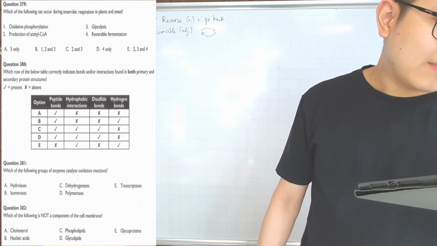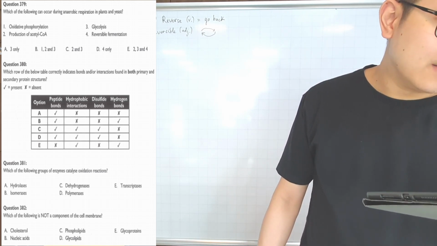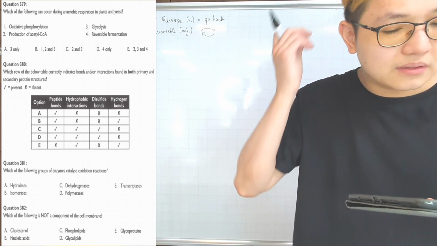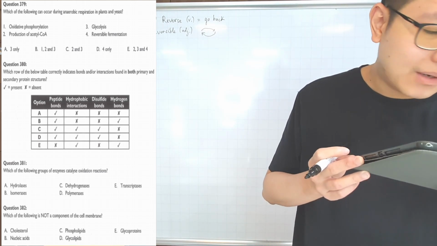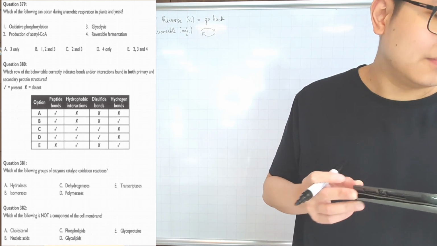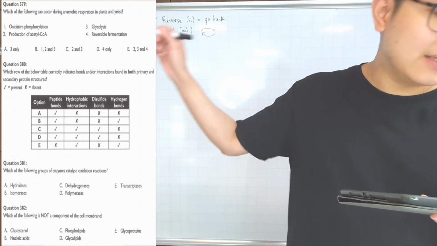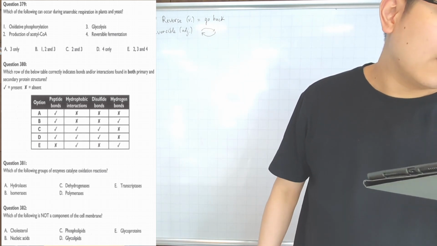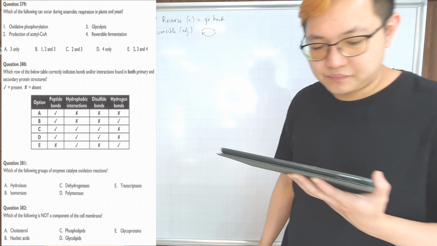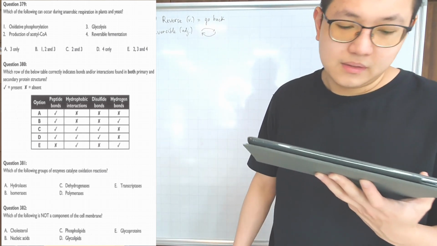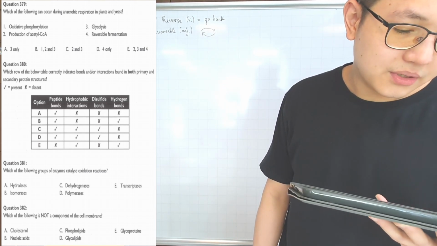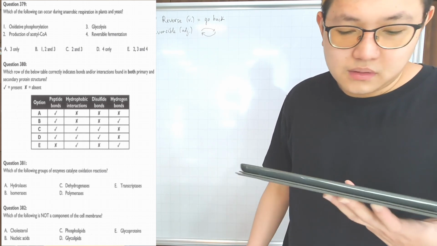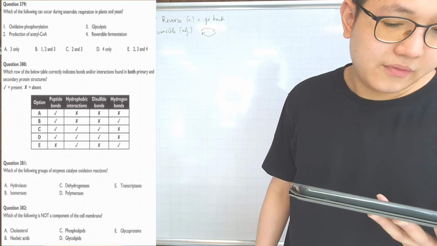So if it's a tick, it's present; if an X, it's absent. So primary and secondary, okay? In both of them, it must be present in both.